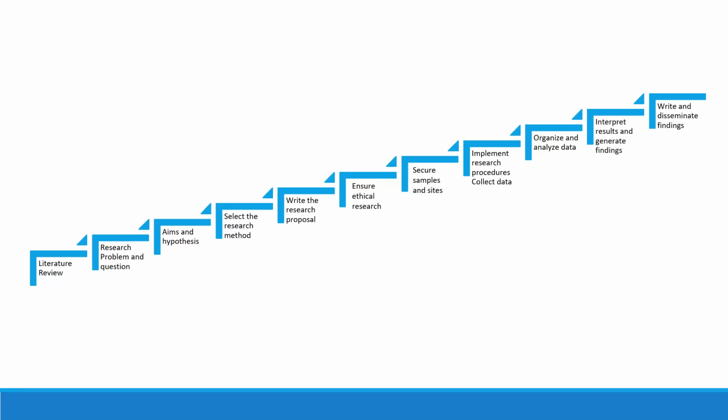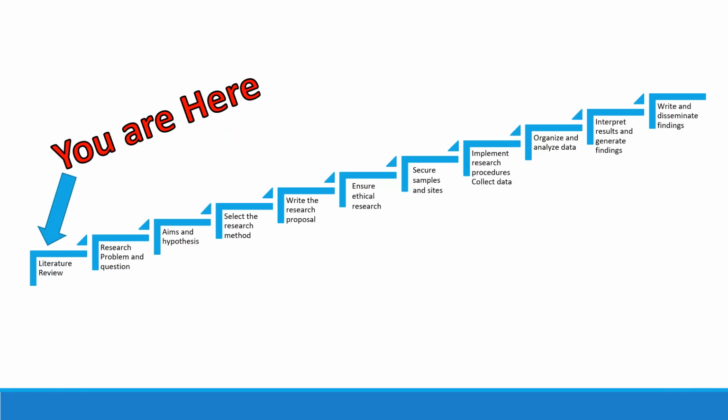All right, so what are these steps in the research process? Here they are. You are here. We are just doing the literature review. We are only going to get about a third of the way up this staircase, up the first 3 steps in our first semester here. And we will, in our second semester, get up to about step number 5, writing the research proposal.